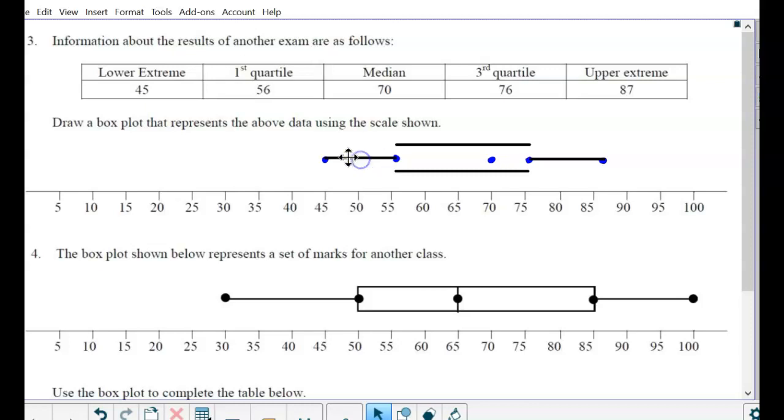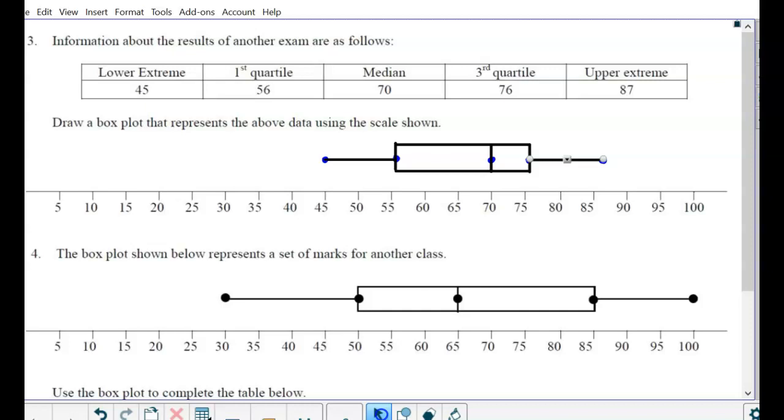This one. Okay, so then just drawing the verticals. This, that's better, and this, all right, a little bit crooked. There we go. Okay. All right, so that's our box and whisker for that one.